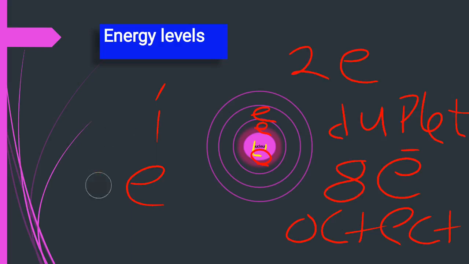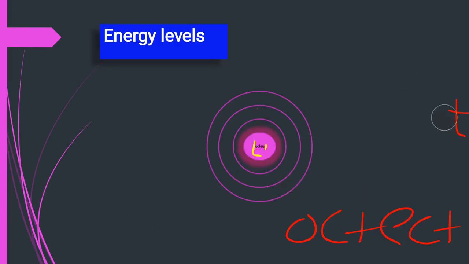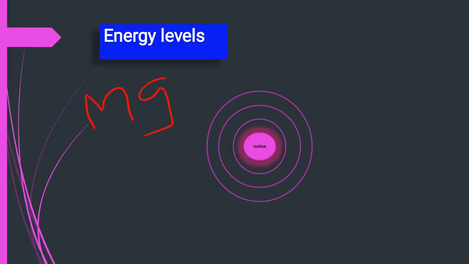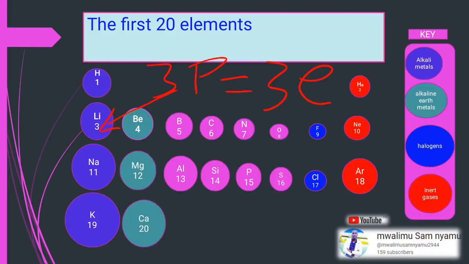We can look at another example, the magnesium atom. Magnesium has an atomic number of 12.